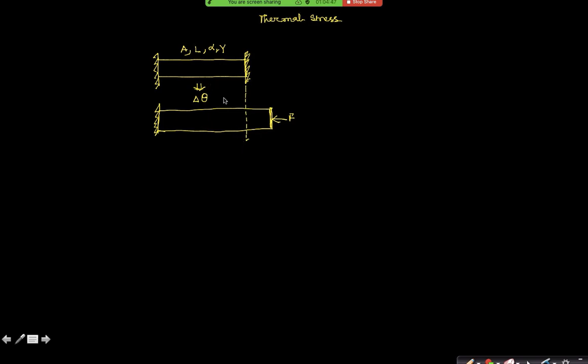I'm saying that if this wall is not there, the rod would have moved from here to here.